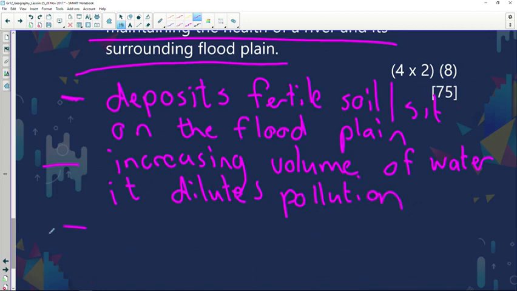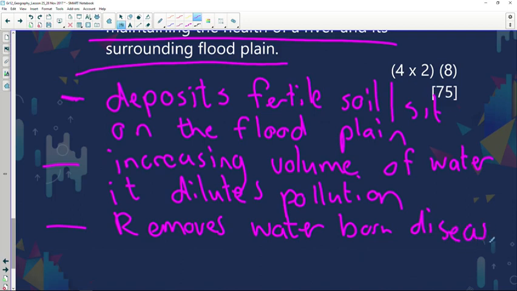Now, a flood also removes waterborne diseases such as cholera, and it removes accumulated debris.